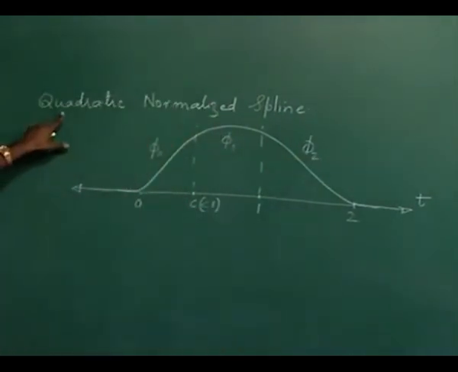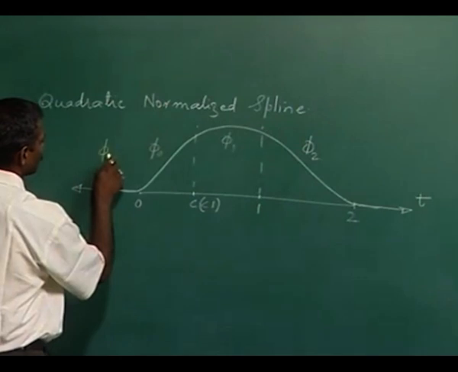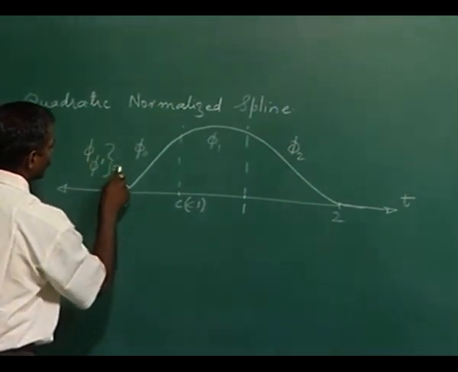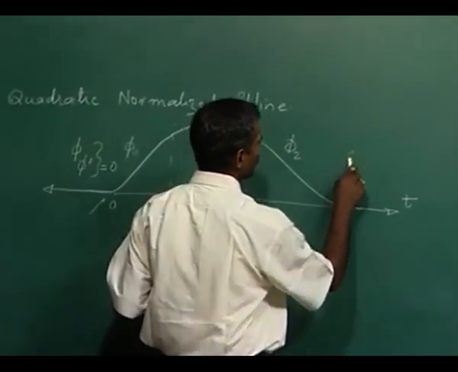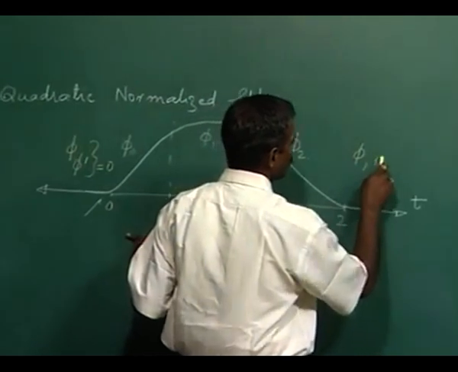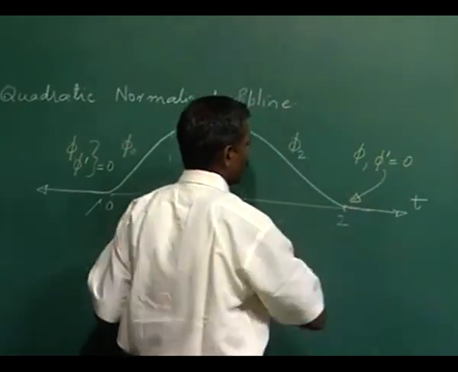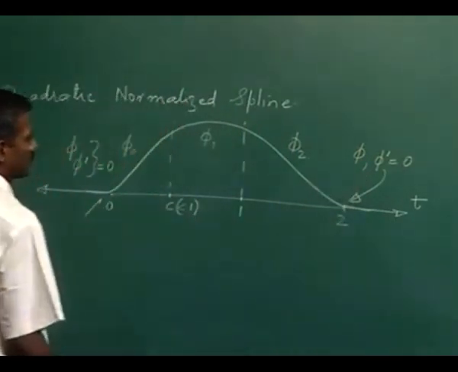Now, since this is quadratic, you need to be a little careful. You need to ensure that position and slope are 0 at the starting knot, and position and slope are both 0 at the ending knot. Now, these are 2 plus 2, 4 conditions.